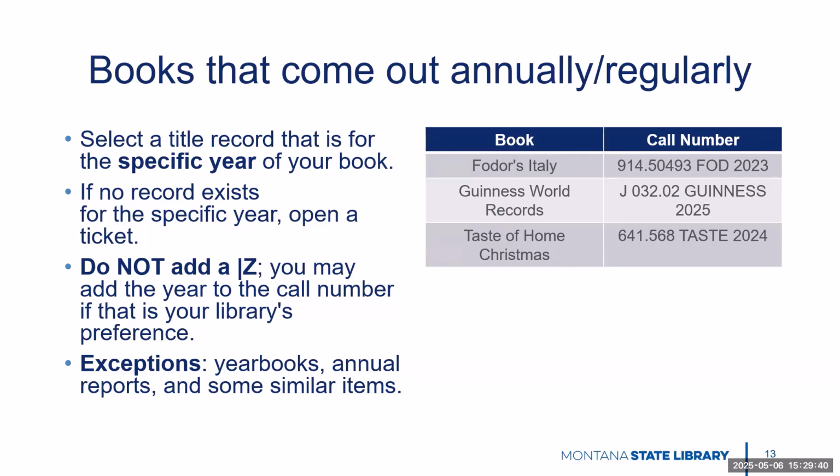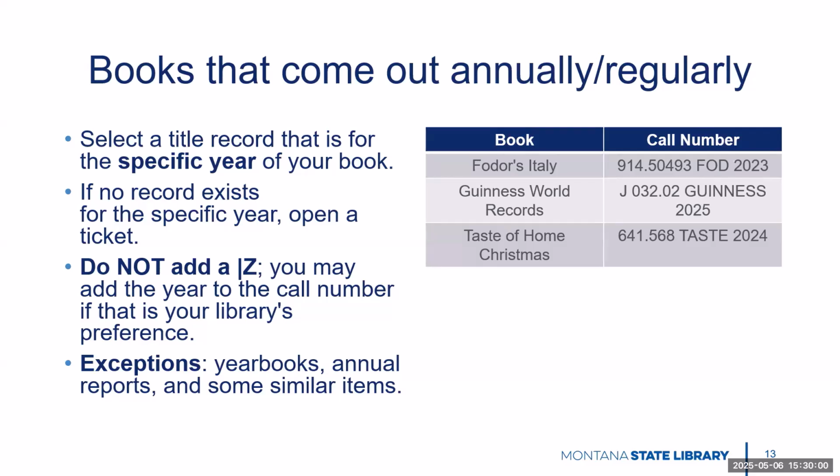The first one is if you have a book that comes out annually or regularly. Some examples that I have in the chart on the right are travel guides, Fodor's Italy, the Guinness Book of World Records, Taste of Home Christmas, anything like that.